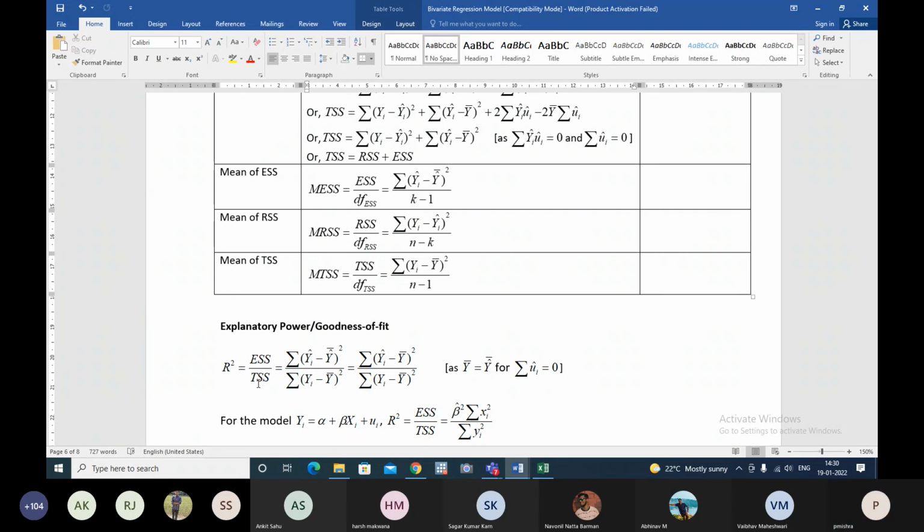So there may be a tendency to select a model where the R square value is very high. But again, as we discussed in some of the classes, there may be some adverse consequences of simply aiming at raising the value of R square.